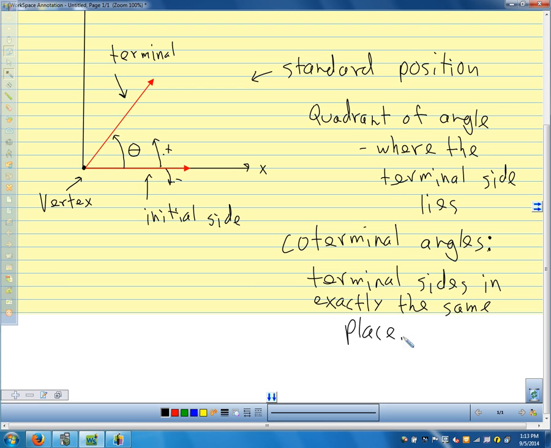Now in trigonometry, and I know that you've worked with it a little before, we like to measure angles in radians rather than degrees, because degrees are kind of an arbitrary division of the circle. The radian is a more natural division of the circle. So that's what we're going to talk about next. We'll talk about what a radian is, and then we'll actually do some work with these angles.